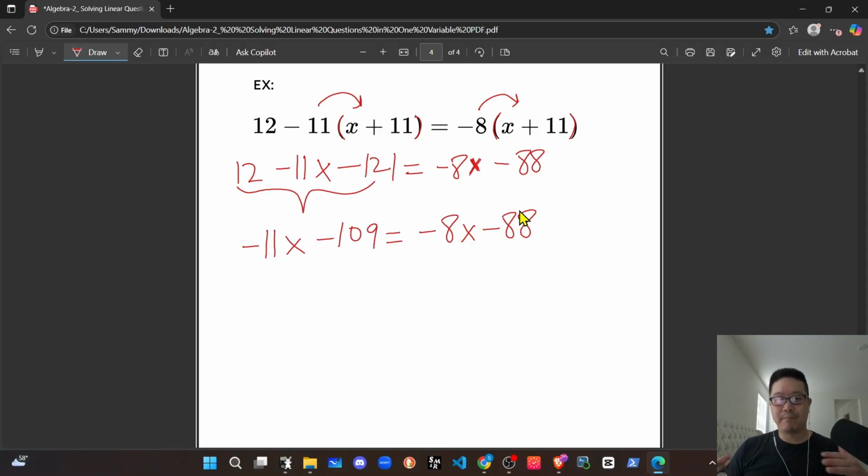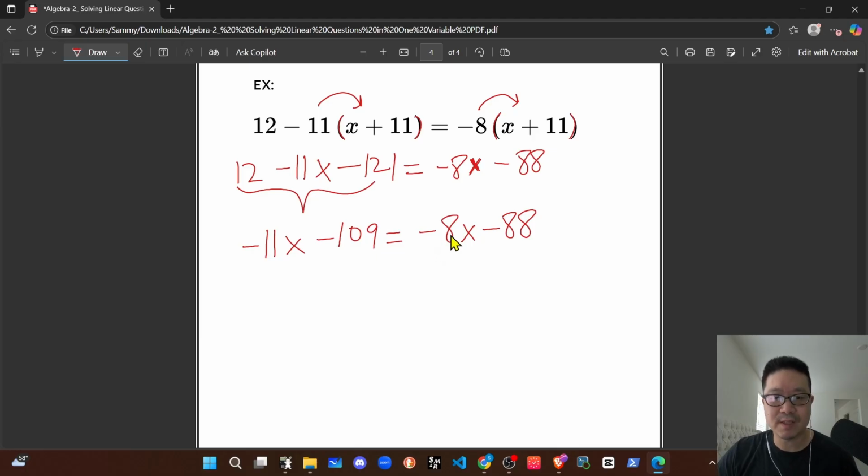All right. So now that we have both sides simplified, we can finally begin to solve for x. Again, we want x on one side. So I want x on the left side of the equation, and I want everything else on the opposite side of the equation. In order to do that, we're going to use inverse operations.